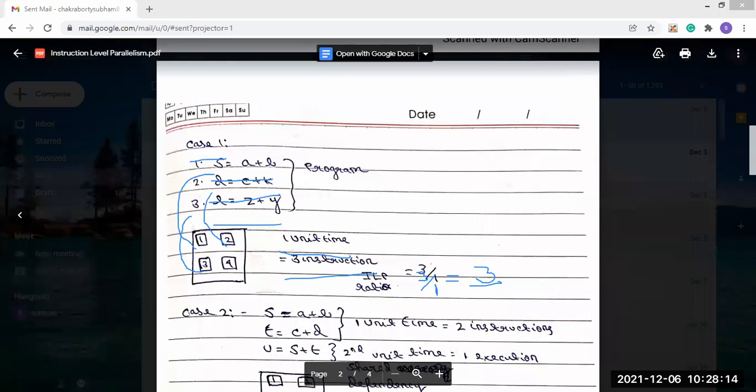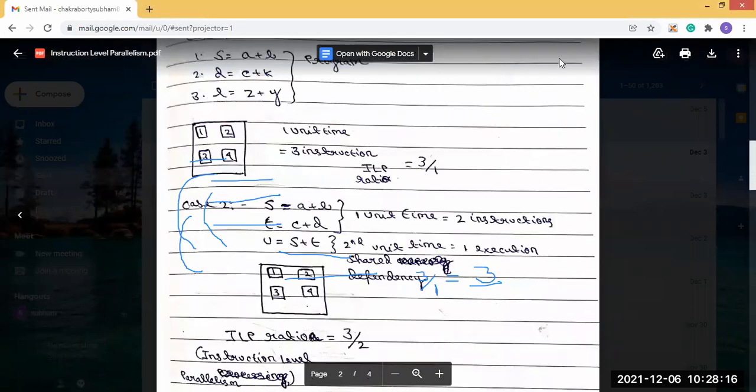Okay. Then for case 2, we have the instructions s equal to a plus b, t equal to c plus d, and u equal to s plus t. So here also 3 instructions are given. What will be the ILP ratio?